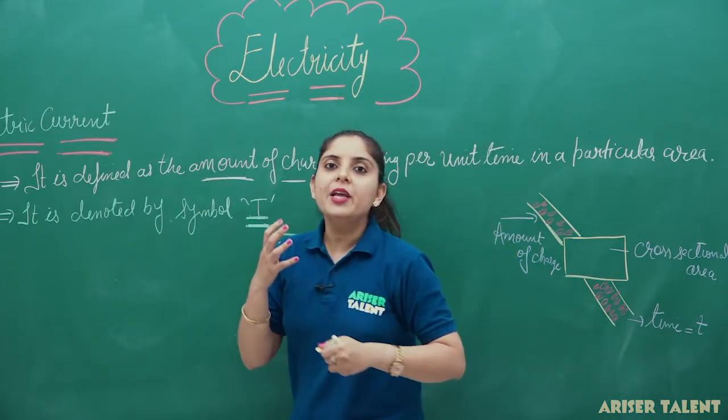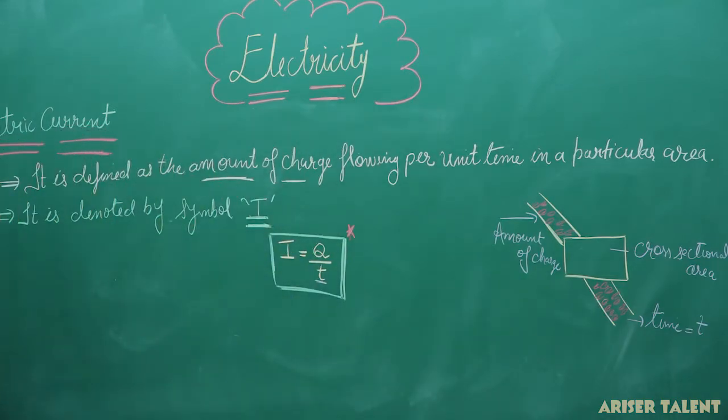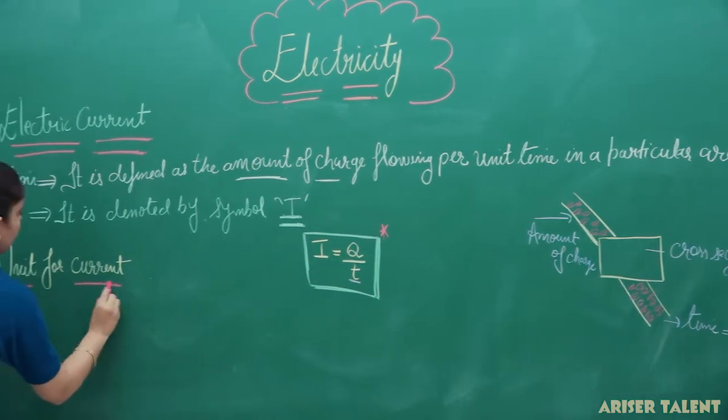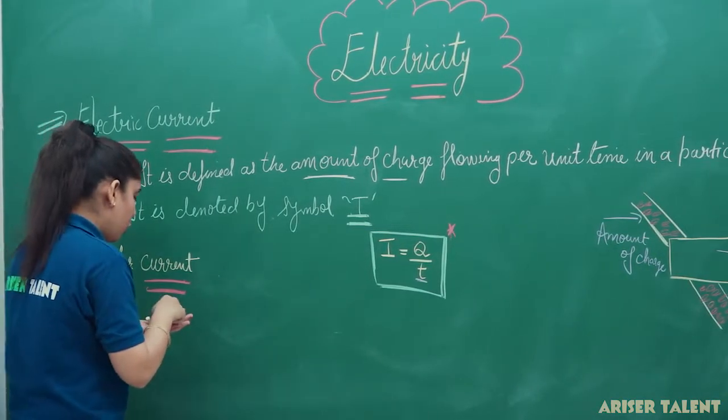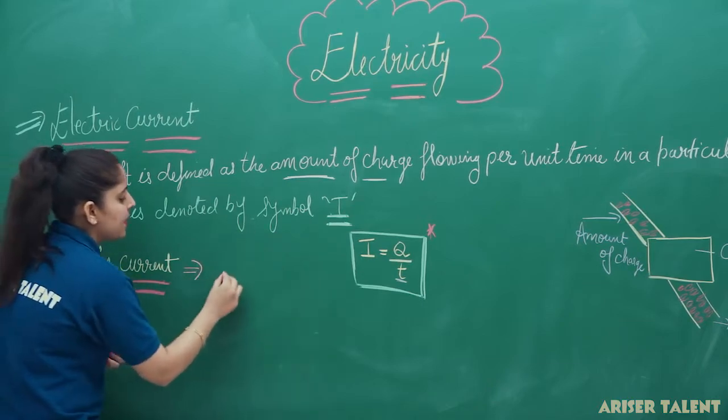Now this is the symbol and this is the formula for calculating the current. What will be the units for calculating the current? So let's discuss the units for current. The unit of current can be identified from this basic formula.